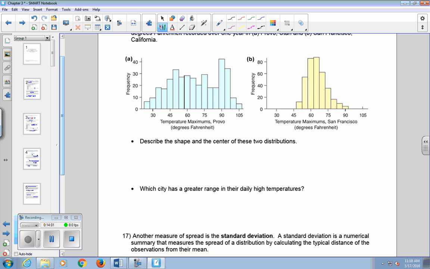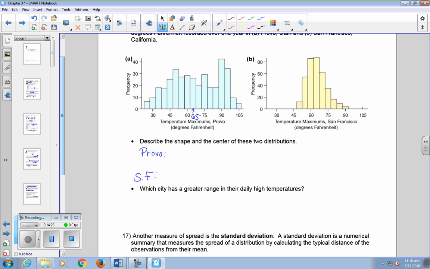So we have Provo and San Francisco. Probably the center of Provo, just visually looking at it, would be somewhere around here, maybe around 65. Just kind of visualizing it.